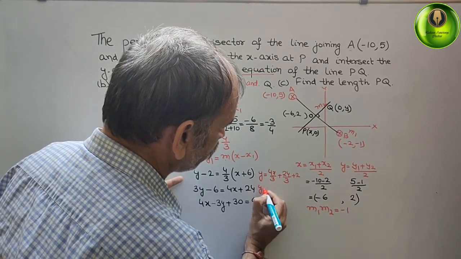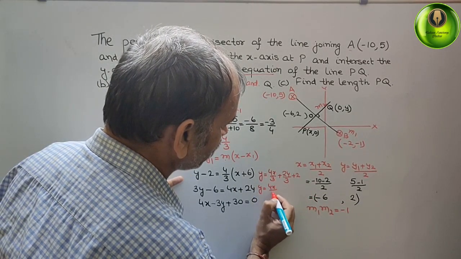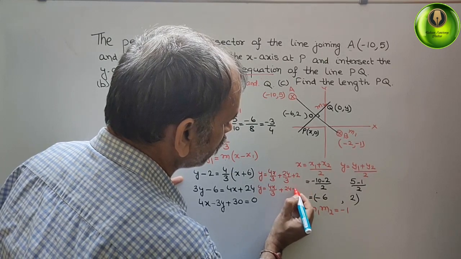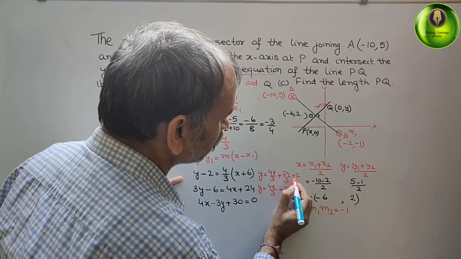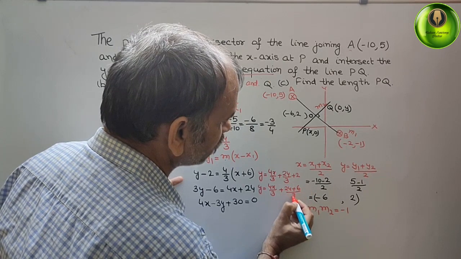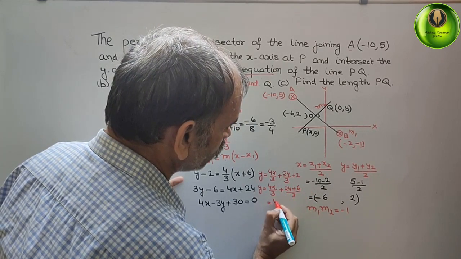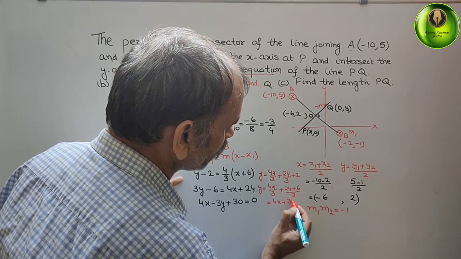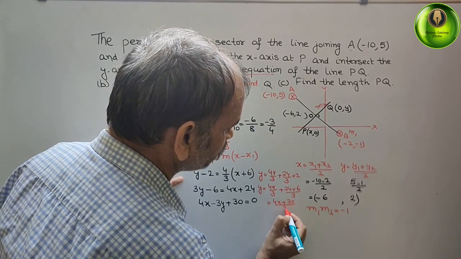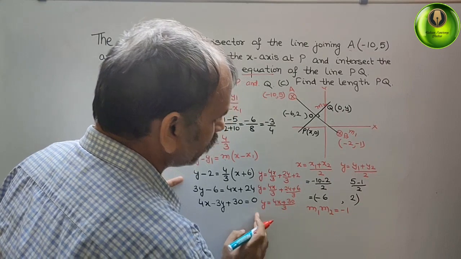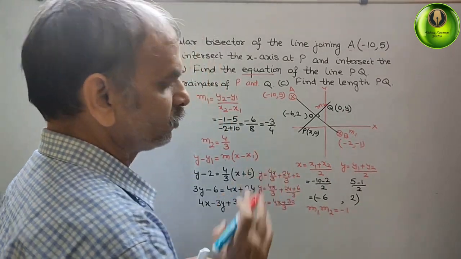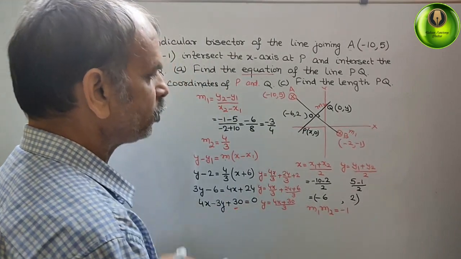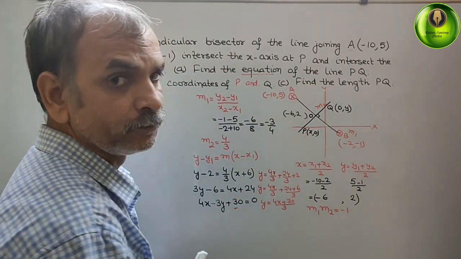So you will get y is equal to 4x by 3 plus 24 plus 6 by 3, that is equal to 4x, 3 the LCM, plus 30 by 3. That is equal to y. So you can write it like this also, or this. So your equation gets over.